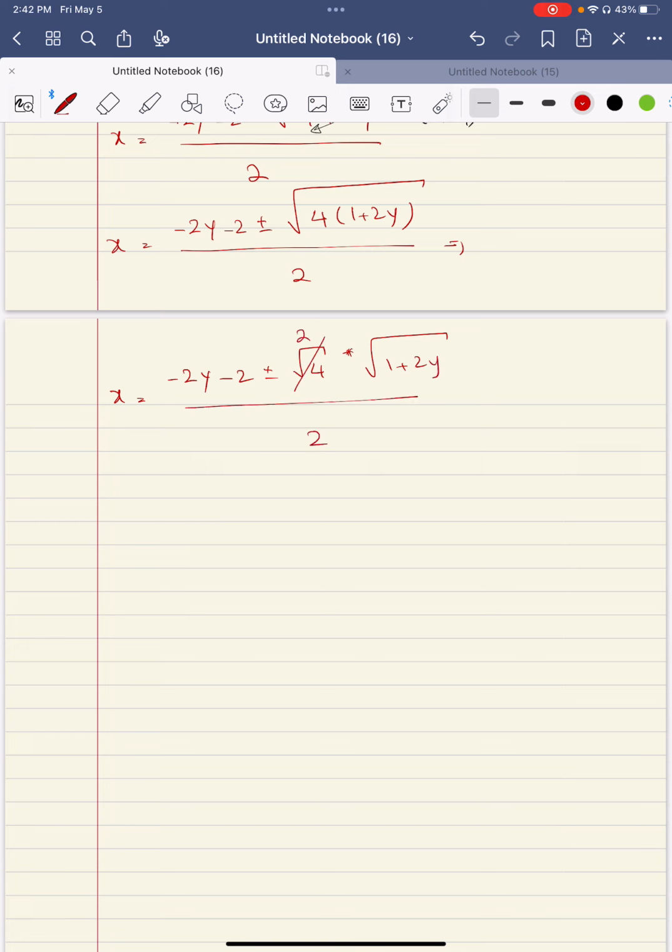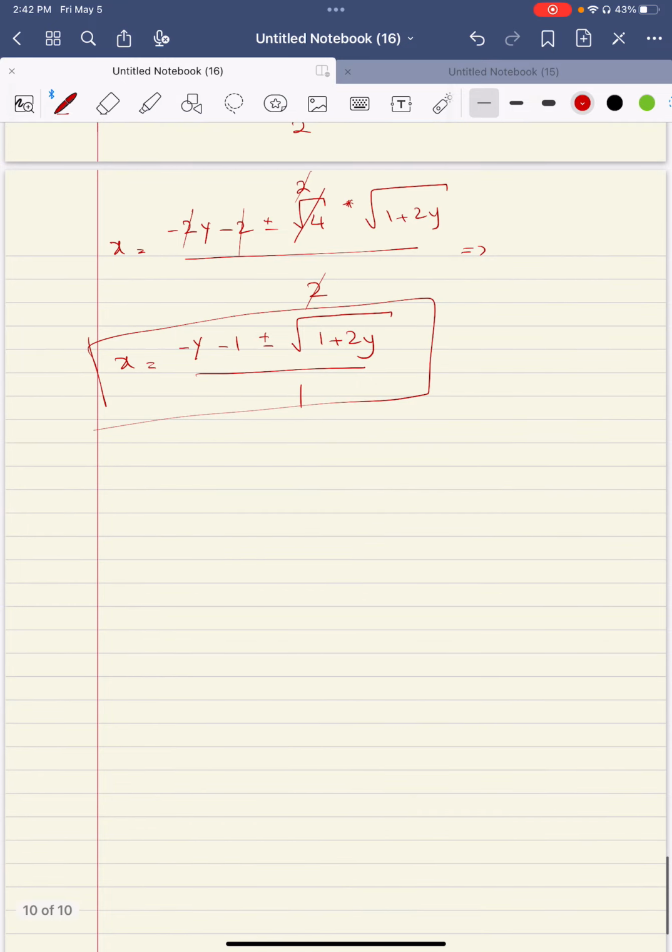Root 4 is 2, so I'm going to cancel out the 2's in here, so it would be negative y minus 1 plus minus root 1 plus 2y over 1. So we found x as a function of y. This is our inverse of the function.